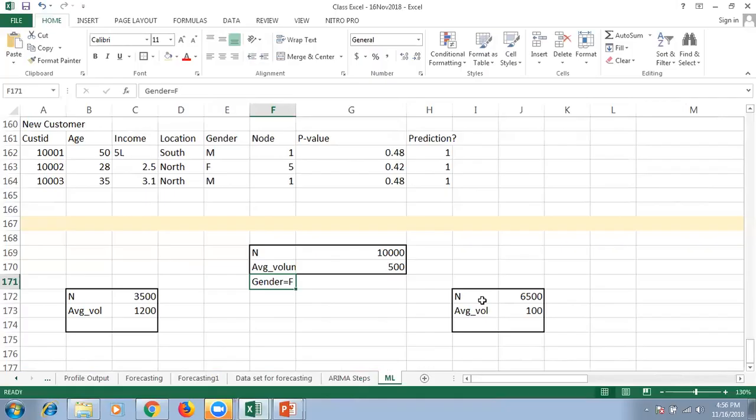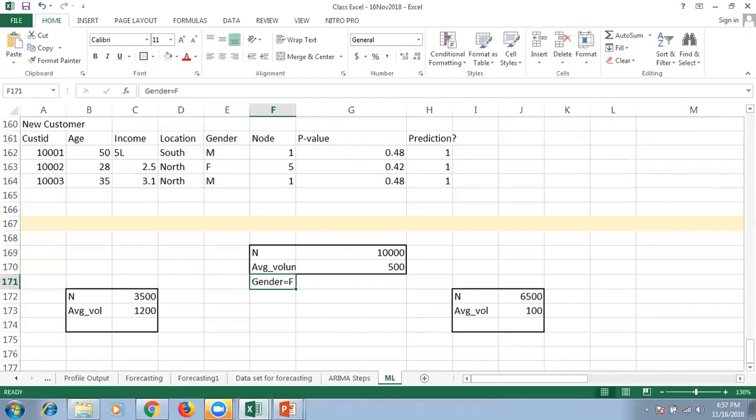ANOVA, right? You guys forgot. ANOVA will be helpful for finding the relationship between one categorical and one numerical. I think I told you n number of times. So whichever split gives me the highest F value will be chosen as the best.